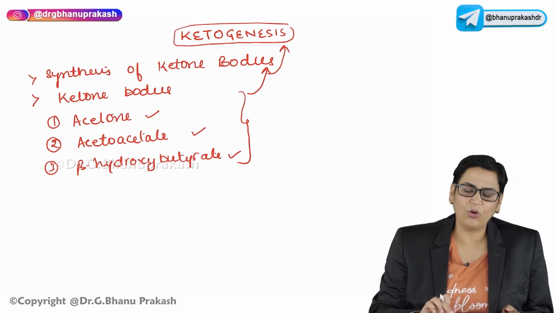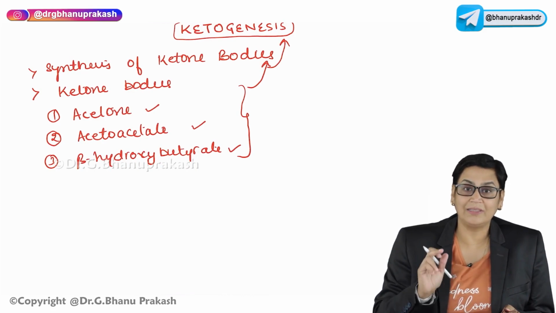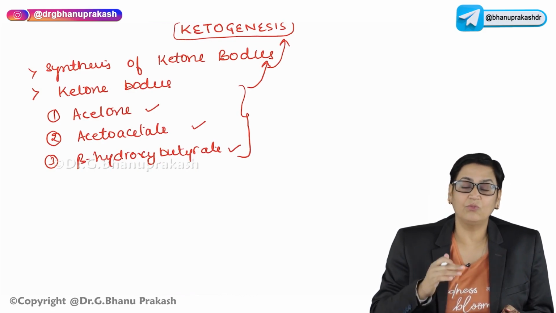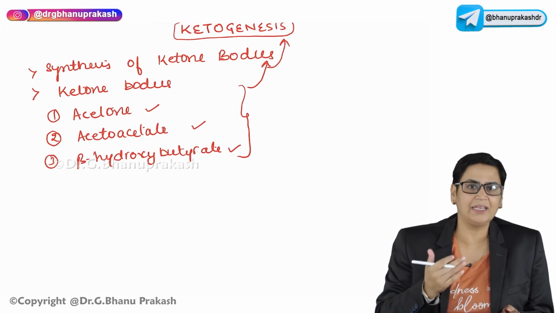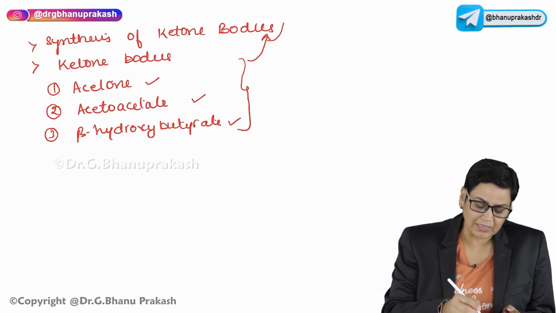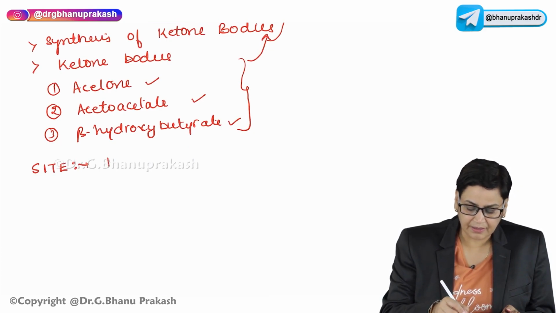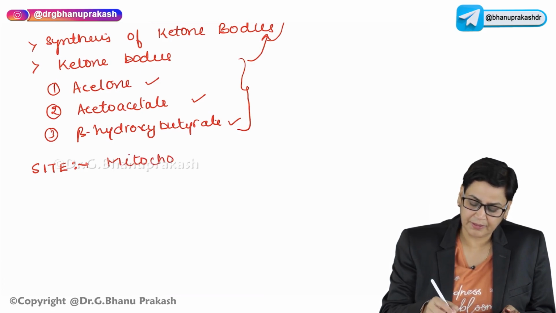Now again, what all points we have to focus? As I have already mentioned, we should know the site where it occurs, what is the importance of this, and in what conditions it increases. So if we talk about the site of ketogenesis, it occurs in the mitochondrial fraction of the liver.